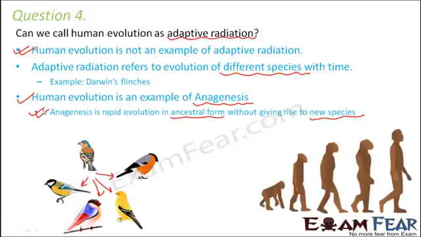As new forms are formed, the older forms keep on vanishing, in the sense they keep on dying. Once those forms die, the new form carries forward the changes to the next generation, and that is how this process takes place. So no new species will be formed, it will always belong to the same species, but there will always be some rapid changes happening in the ancestral form.